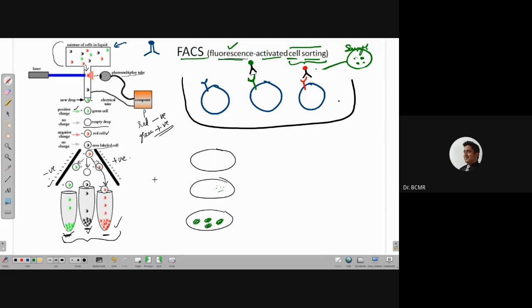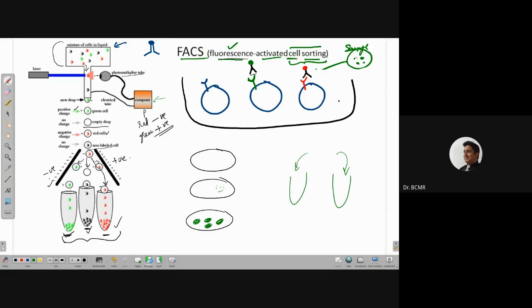So based on what you give into the computer, you can say that if there is this much threshold intensity of GFP, put them into one type of container. If there is no fluorescence, put them into another container, something like that. So you can separate them and find out, and then use it for your other purposes.